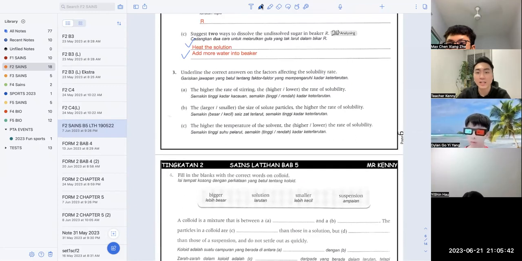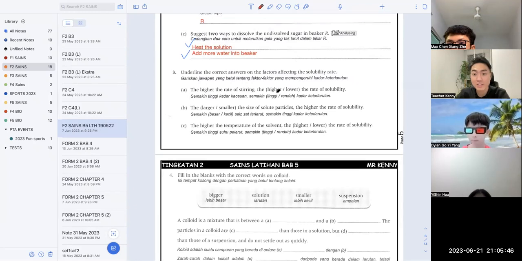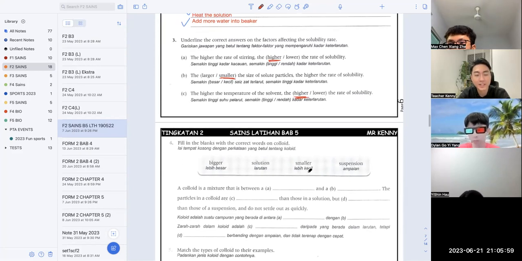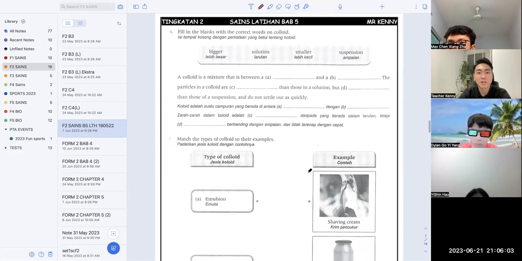Next up, underline the correct words. The higher the rate of stirring, the higher the rate of solubility. Correct? The smaller the size, the higher the rate. The higher the temperature, the higher the rate. Quite easy, right? Next up, number 4.